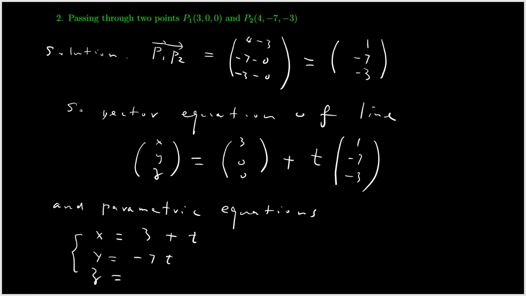Z equals negative 3t. Again, probably it's more important to understand why these two forms represent an equation of a line, right? Say something like t is a parameter. T is a parameter.